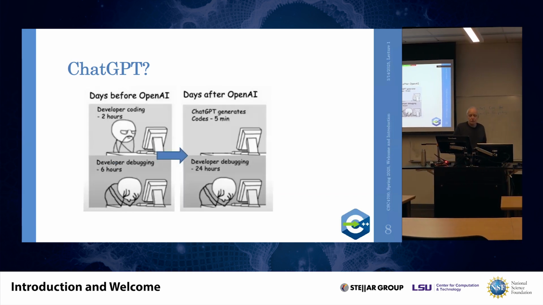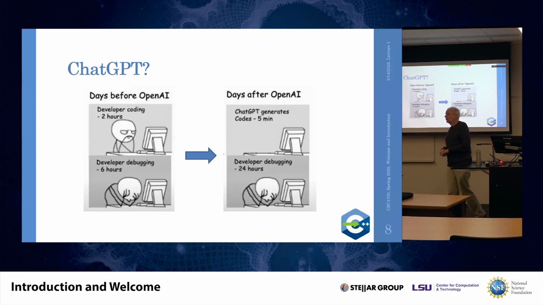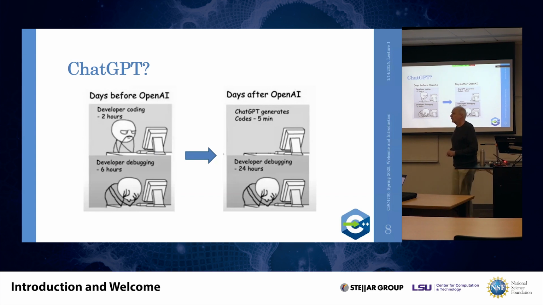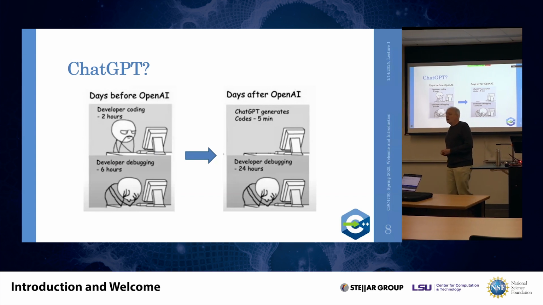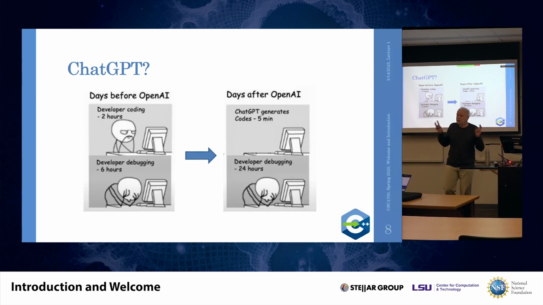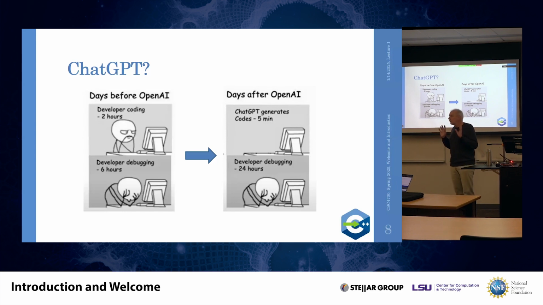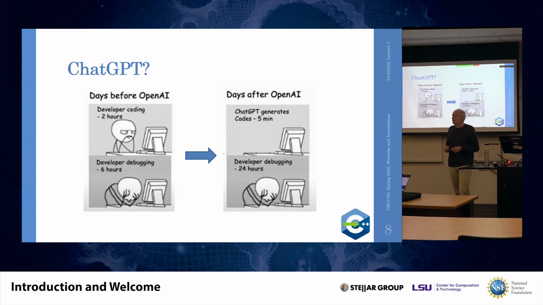After ChatGPT, we have the situation that you don't spend any time developing your code, but you sit there for 24 hours debugging it afterwards. And the reason is that while ChatGPT gives you a presumably correct answer, it's usually not 100% correct. Sometimes it's completely wrong. Sometimes you get lucky and it is correct.